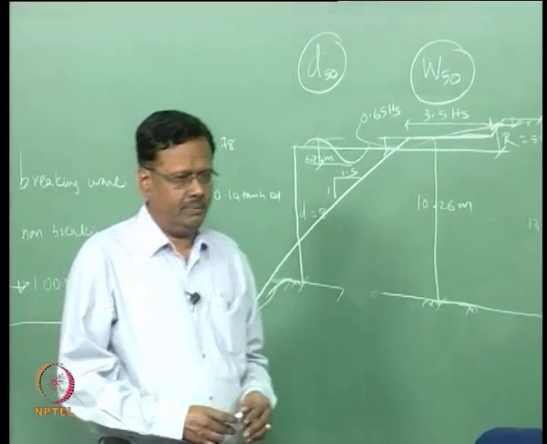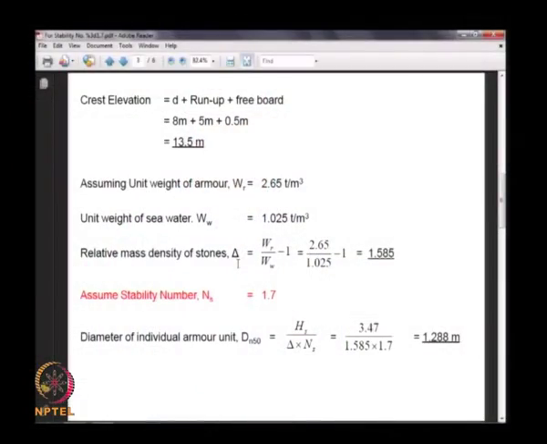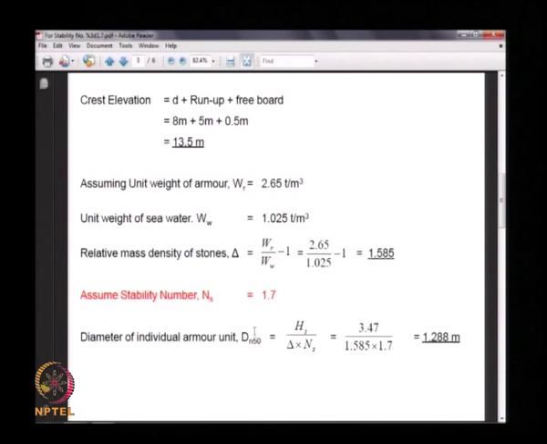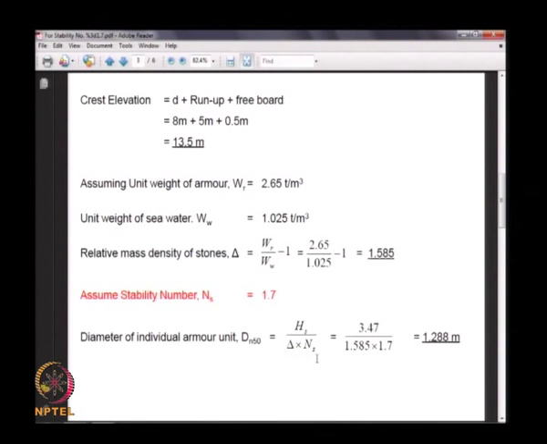Once you fix these parameters, then we have to use a formula to calculate the diameter of the armor units. That formula is given by Hs by delta into Ns.